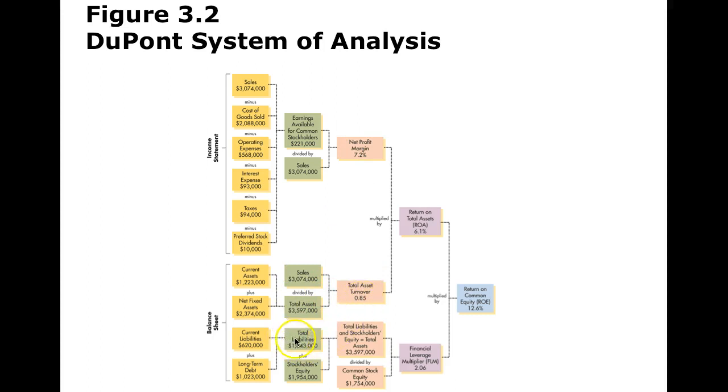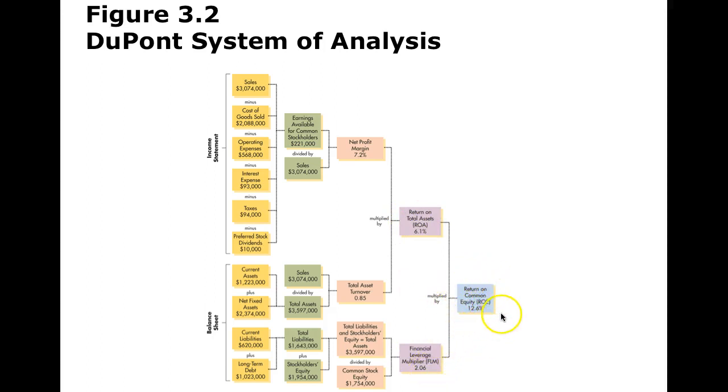Taking our liabilities plus our shareholders' equity, we get our total liabilities and shareholders' equity, which also equals our total assets. Divide that by our common equity, we get our financial leverage multiplier. Now multiply total return on assets by the leverage multiplier, we get our return on equity.